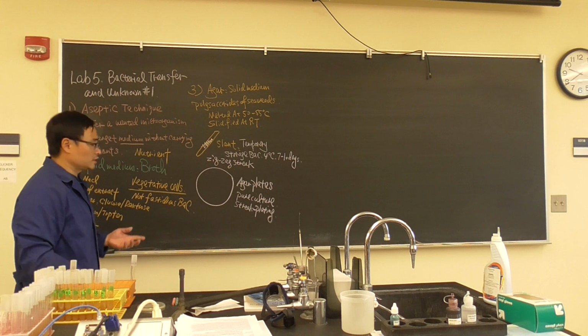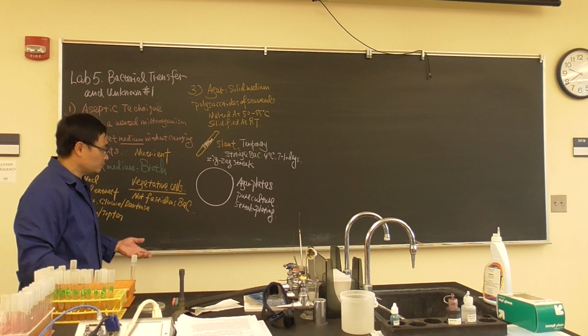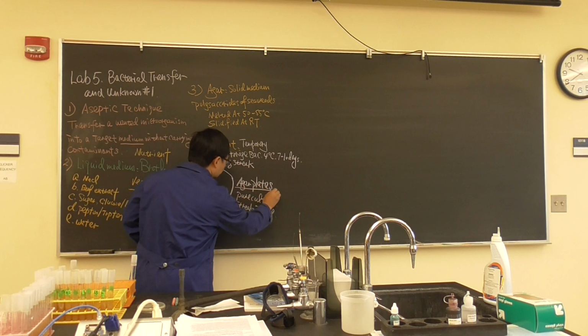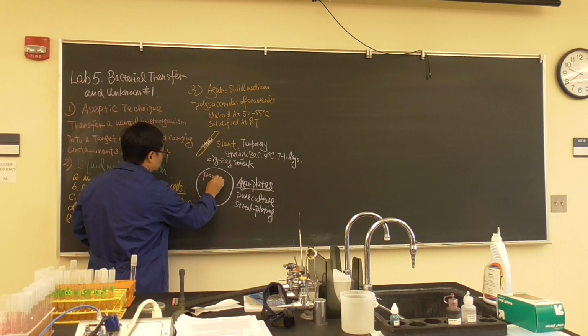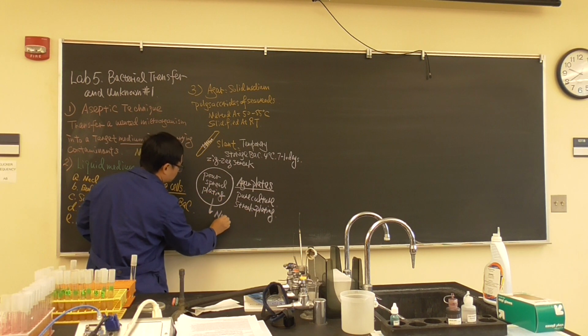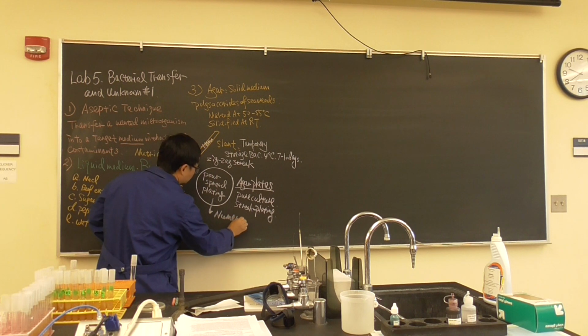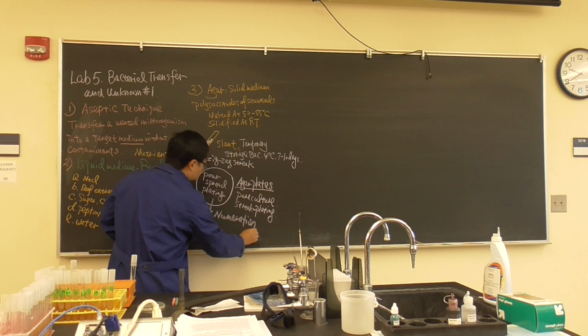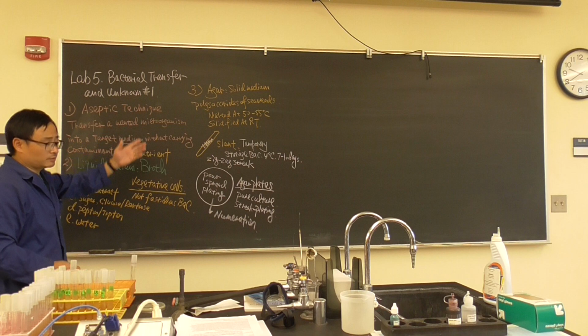Later on you will learn the agar plates can also do pour plating and spread plating to get single colonies and do enumeration. This we will do next week. So this is some of the introduction.